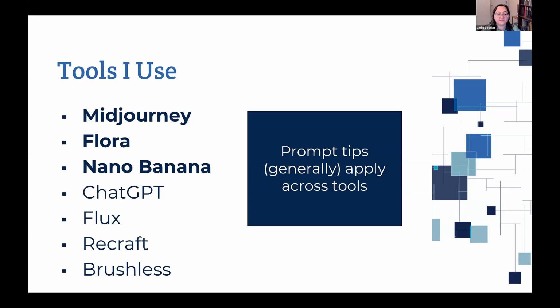There are different terms of use for these, but know that there are definitely free options. Flux, for example, is one of the ones that is free. Brushless has some free. Nano Banana or Gemini is probably the best of the free models right now. But if you use it on a free plan, it's not licensed for commercial use.